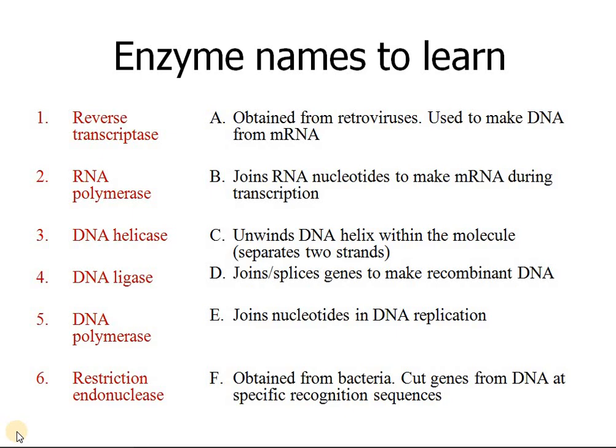So first of all, I would like to discuss a few enzymes and their functions. The first enzyme you can see is reverse transcriptase. What is it? It is an enzyme used to synthesize DNA from mRNA.